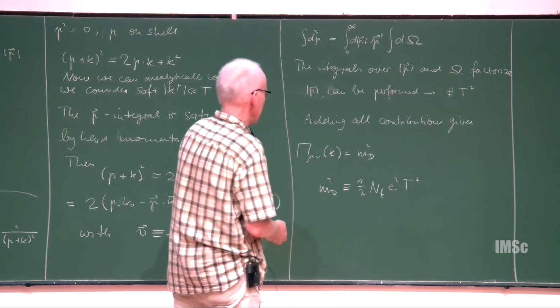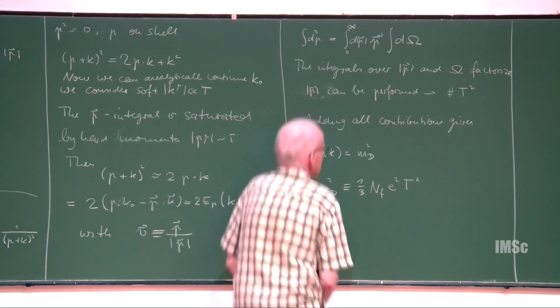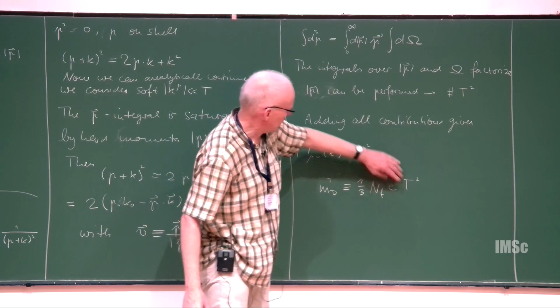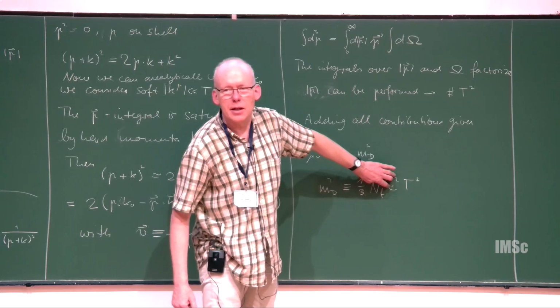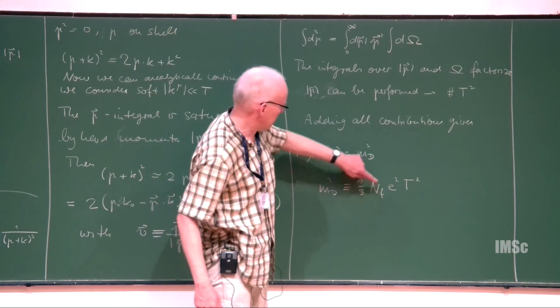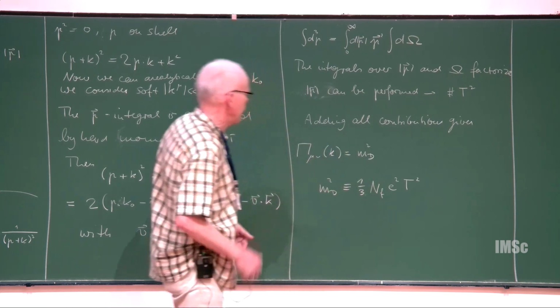Yeah? Sorry, it's 1/3. Yes, so it's similar to the scalar case. There we had a T squared, and there we had a lambda, and the lambda corresponds to e squared. And this comes basically from counting degrees of freedom and so on.